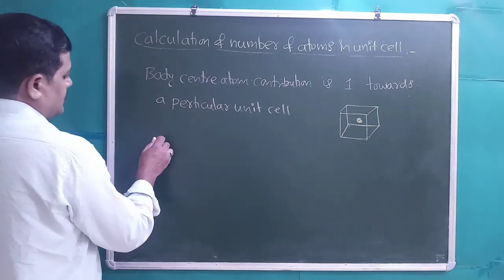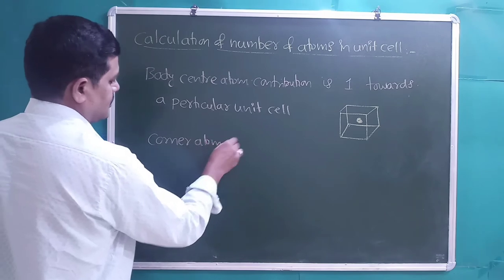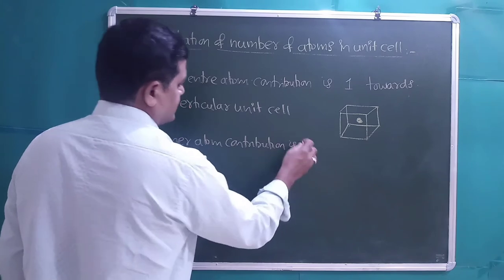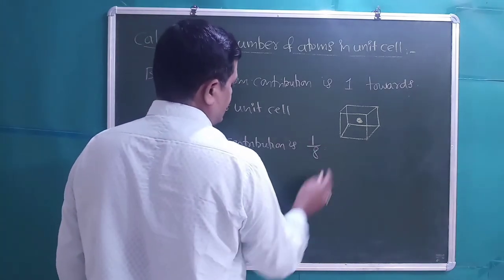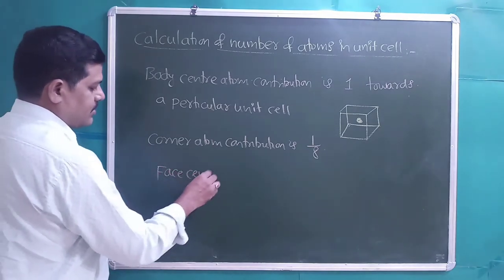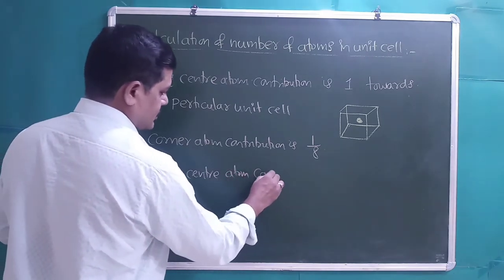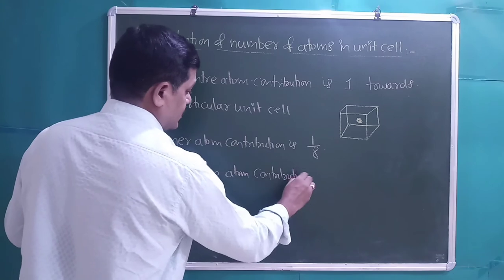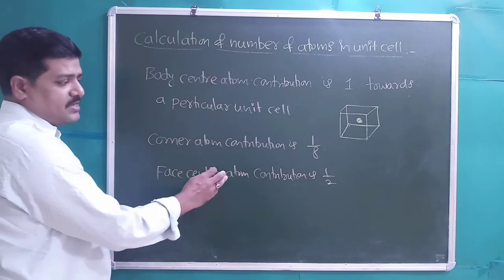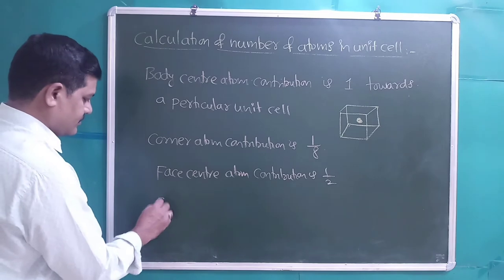And corner atom contribution is 1 by 8. Face center atom contribution is 1 by 2, because 50% of the face center atom is present inside the particular unit cell.